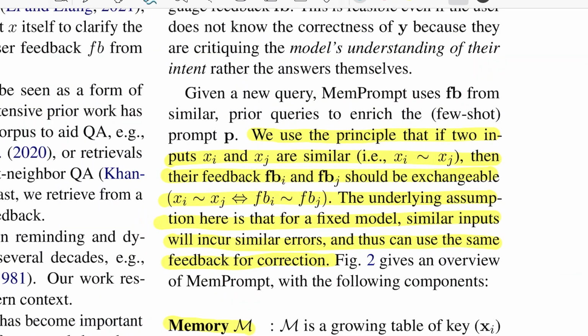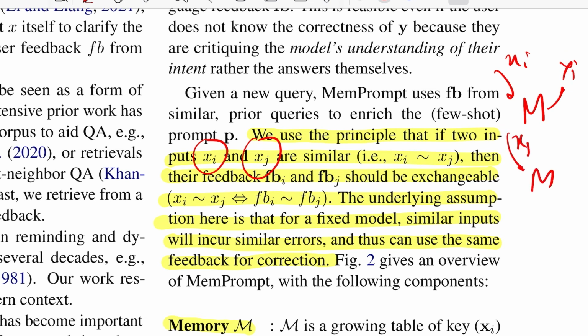Okay, so what they write is that we use the principle that if two inputs xi and xj, which are two questions that the user asks at different timestamps, are similar, and the model is fixed, the model would respond to xi as, let's say, yi, and for xj it would respond as yj, where yj should almost be equal to yi.